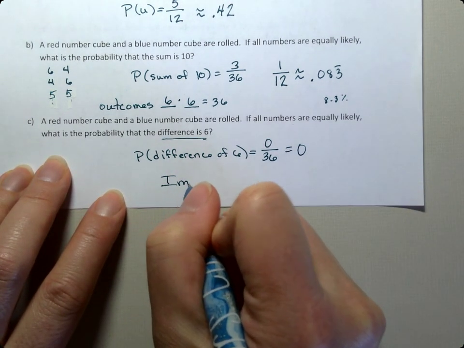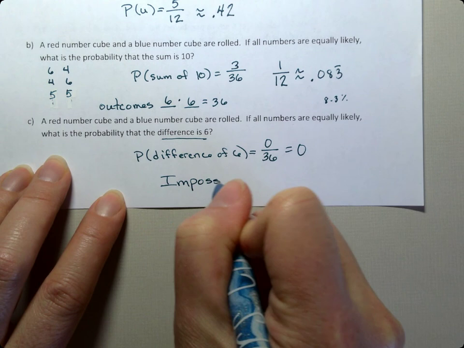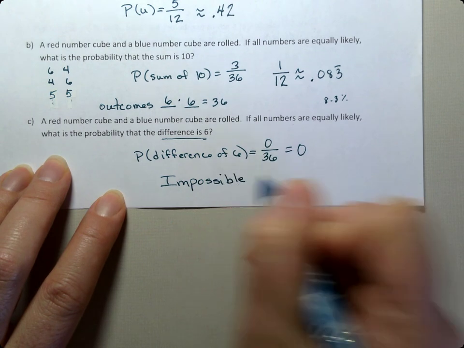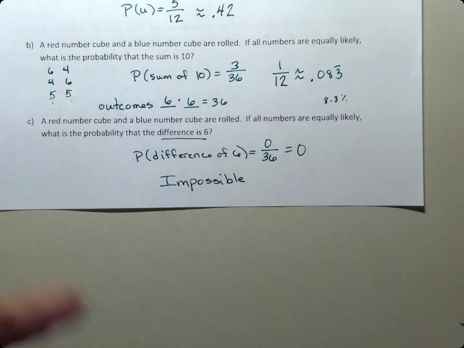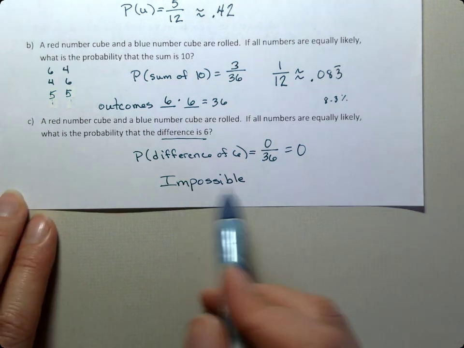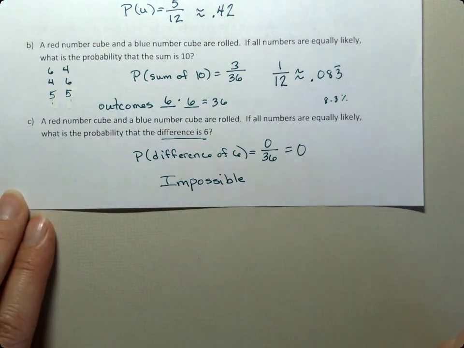Can you do it? It's 0. It is a probability of 0. It is impossible. You will never find a difference of 6 because the highest number is 6, the smallest number is 1. Okay, so 0 means it's impossible. It's never going to happen.